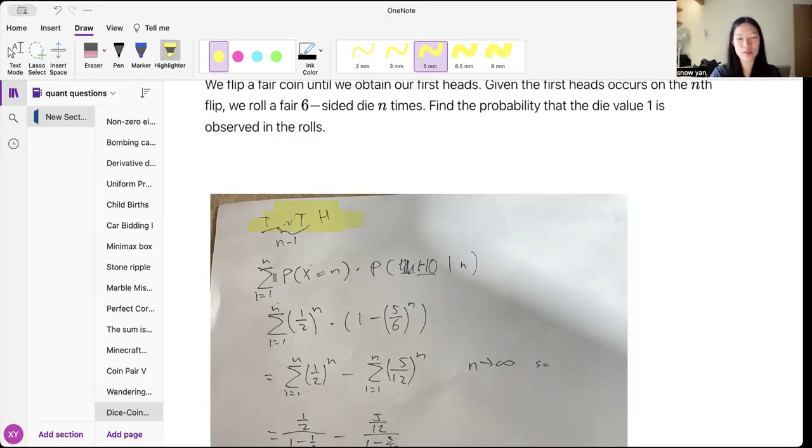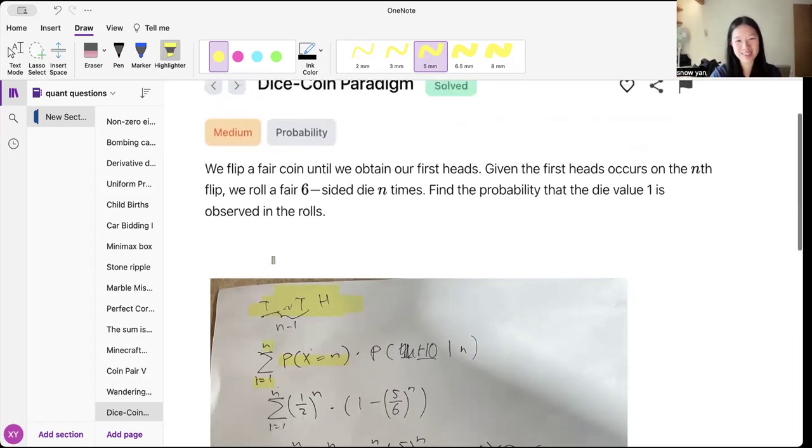So essentially I condition on n. The first part is the probability of arriving at that n. I sum up the probability from taking one turn to get the head, two turns, three turns, four turns, all the way up to n turns.